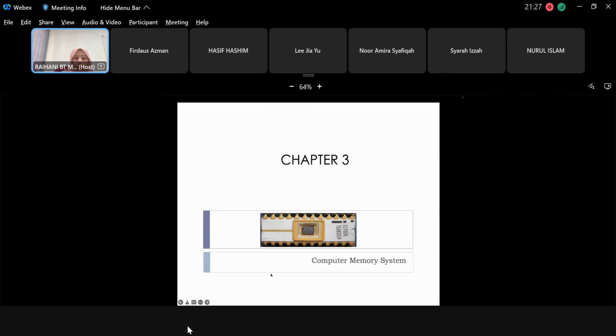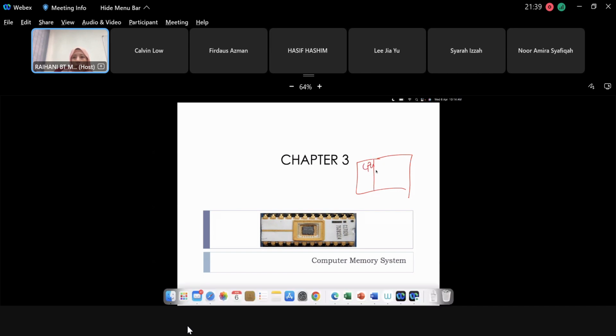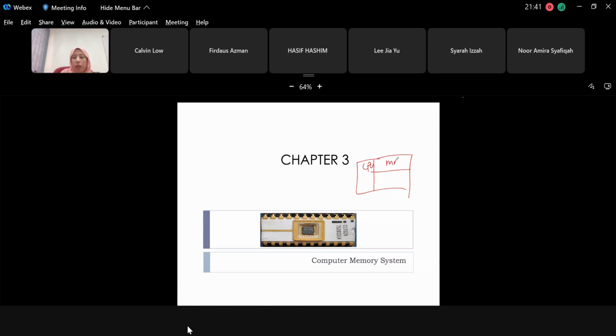In the computer you have three main components: the CPU, the main memory, and the I/O device, input output. The CPU we already completed.